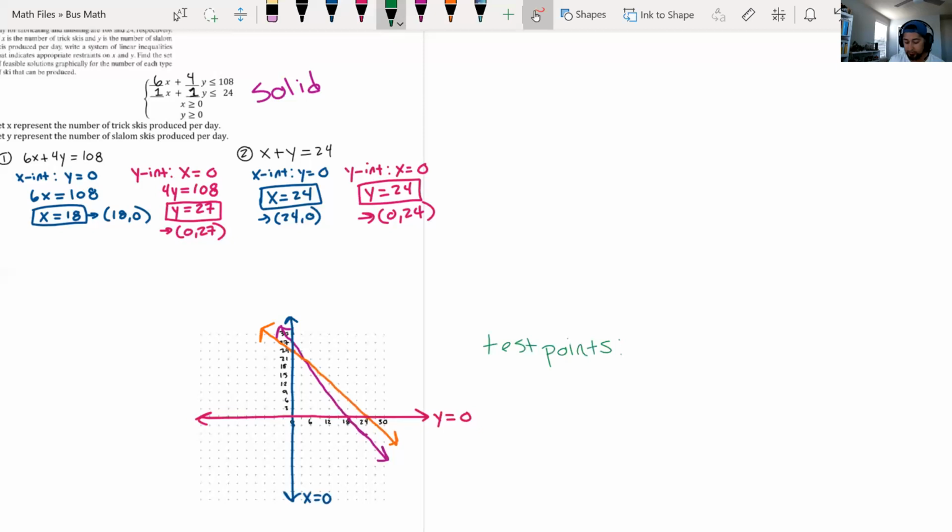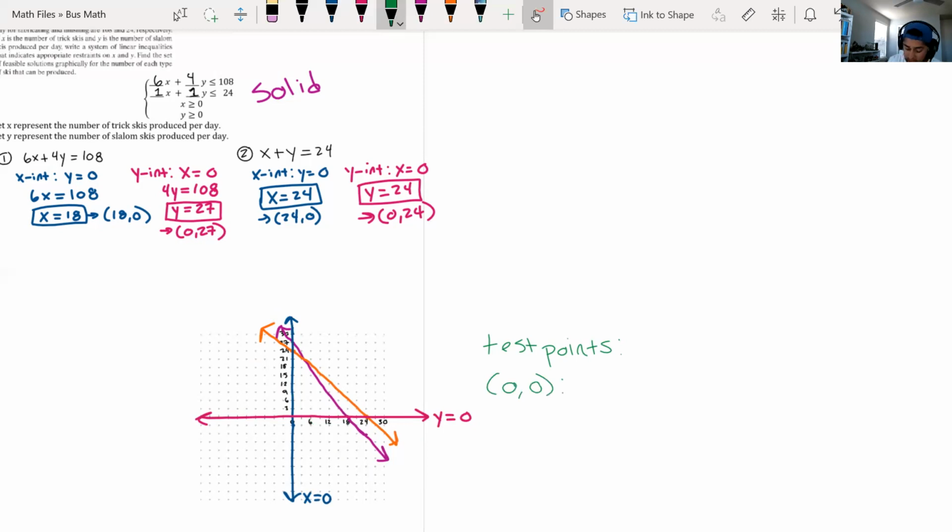Test points. Yeah. There you go. Just focus on the yellow and purple line. And once again, what is the best point to choose here? 0, 0, right? That's right below both of those lines.